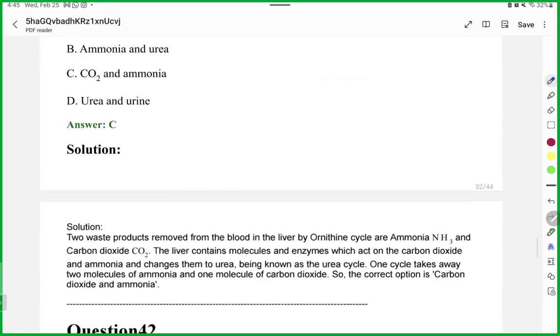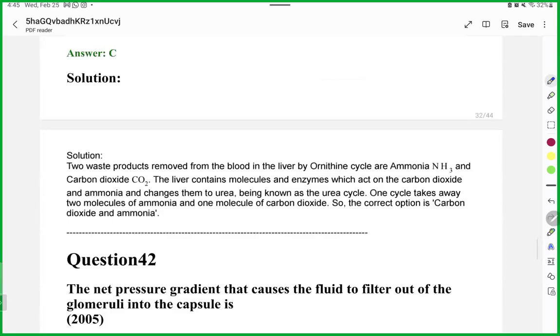Okay. What is removed from the blood in the liver by the ornithine cycle is ammonia and CO2. The liver contains enzymes that act on CO2 and ammonia and change ammonia into urea, known as the urea cycle. So one cycle will take away 2 ammonia and 1 CO2. Correct? 2 ammonia and 1 CO2 are removed in this process. This ammonia and CO2 will convert into urea.